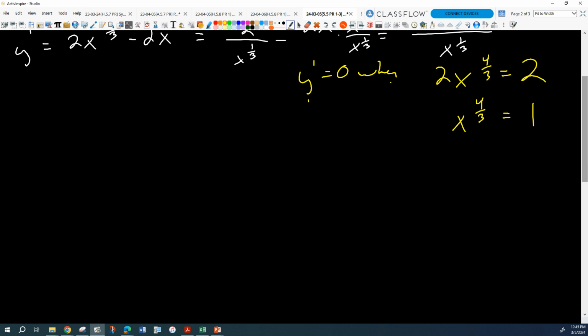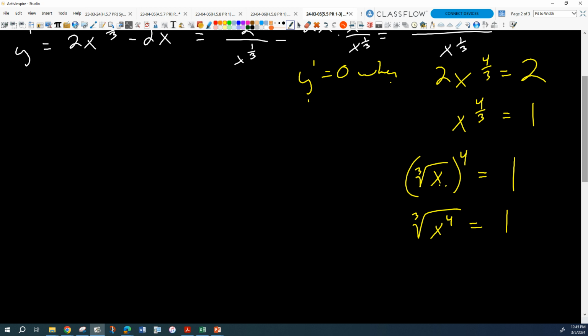So we could rewrite this as a cube root of x to the 4th, or we could rewrite it as a cube root of x to the 4th. I'm going to suggest maybe the bottom way might be okay. They both would work. Let's use that bottom way. If I want to solve for x, what would I do to isolate that x?